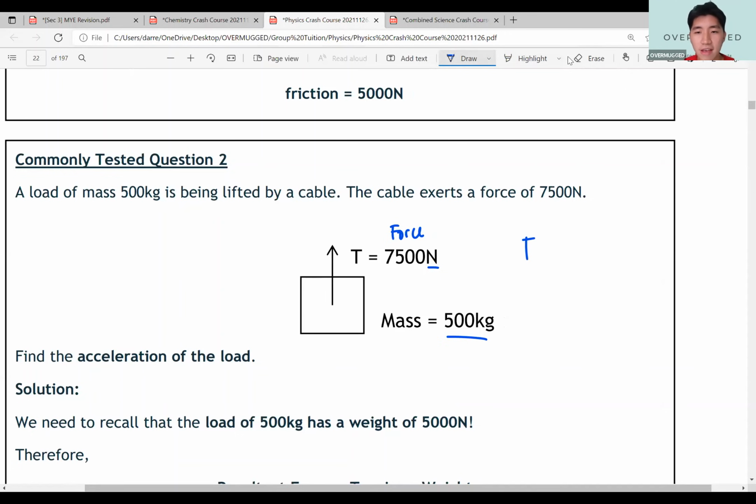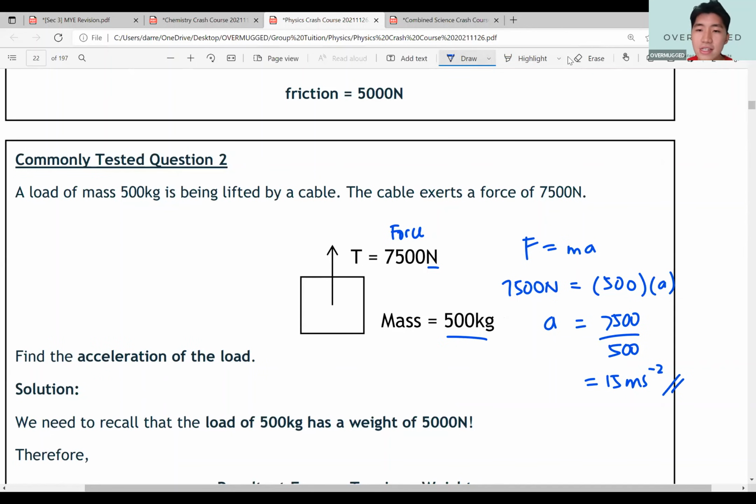Wow, I'm a genius. F equals to ma. Confirm one. The first time you do it, this is what you're going to be thinking, right? F, formula, just memorize formula, you'll do well, correct? Then you say, 500. What's my acceleration? Then you take 7500 divided by 500. You tell me acceleration is 15. Sure, I got the correct answer. See, I use formula, I put in the values. Correct or wrong? Of course, this is wrong lah.